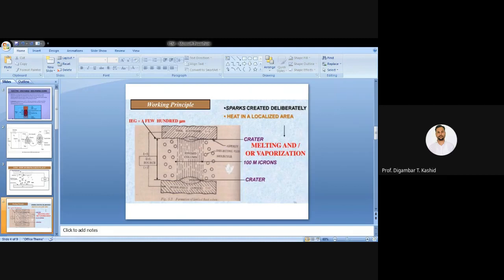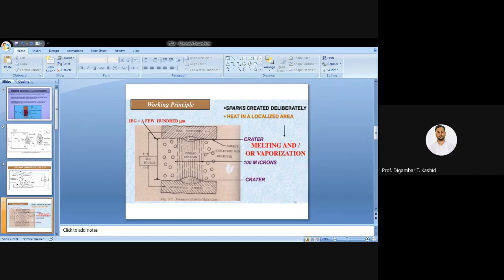Due to that, so many craters are generated on your workpiece surface, just below your tool, because there is an interelectrode gap. Thousands of craters are generated below your tool, and these craters are distributed over the workpiece surface.